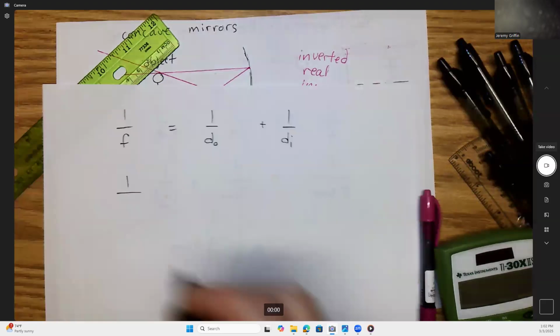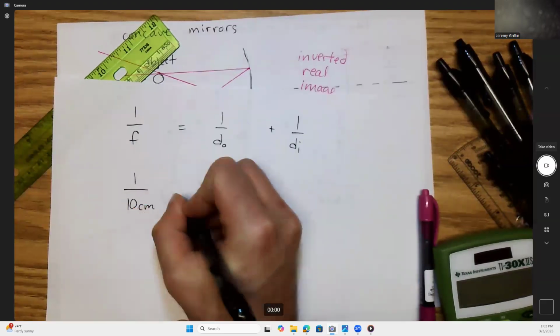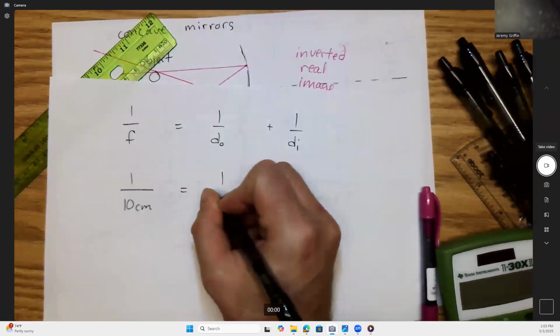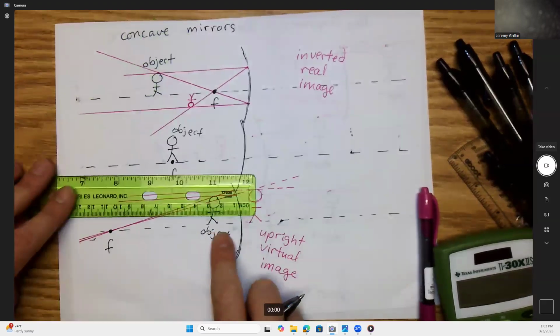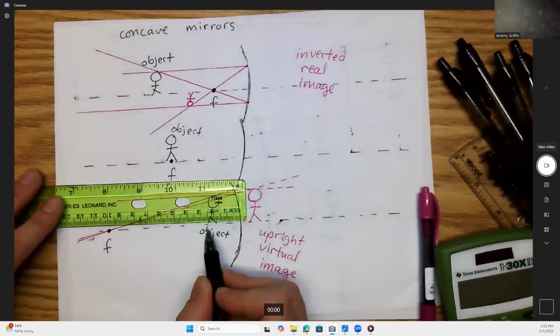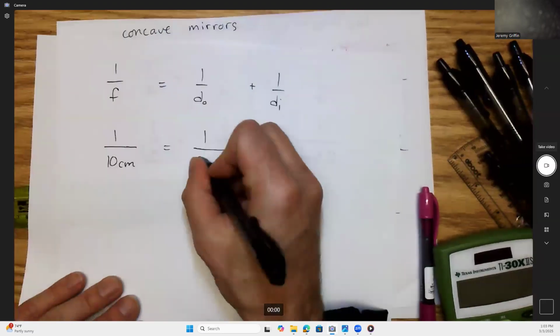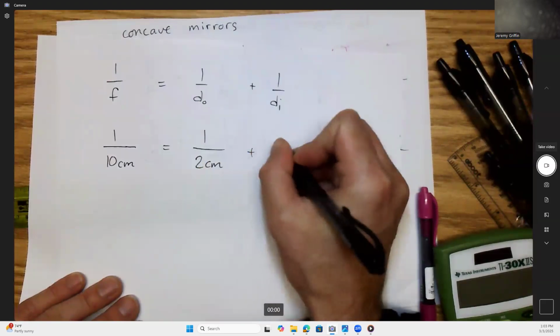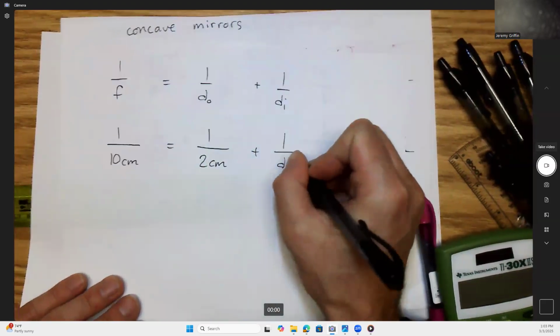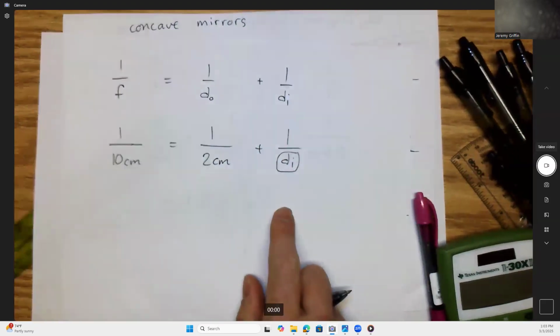So 10 centimeters equals 1 over. Now, where's my object sitting? Looks like about 2 centimeters out. You guys see 2 centimeters right there? So 2 centimeters plus 1 over distance image, which I'm solving for. Right? Can you guys solve that equation?